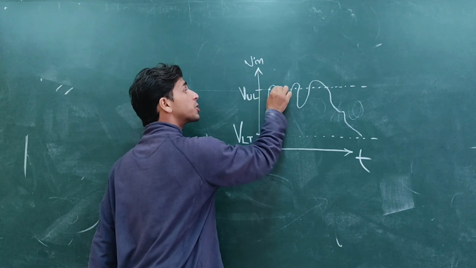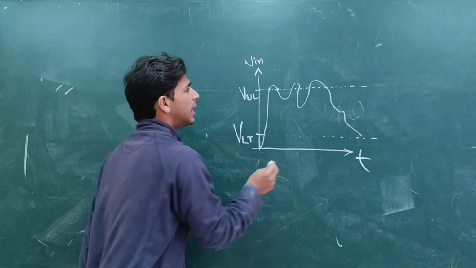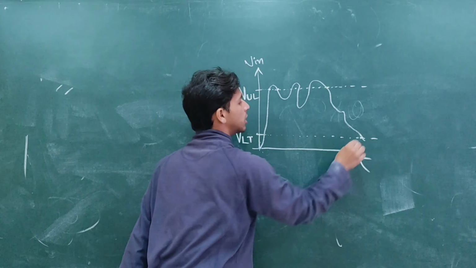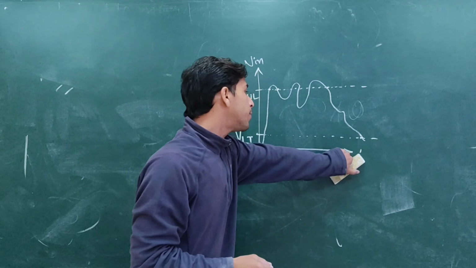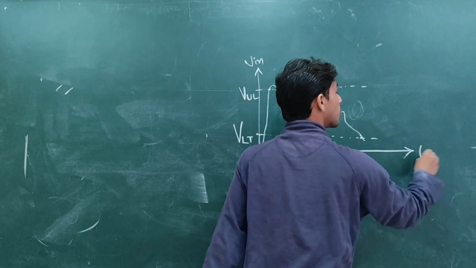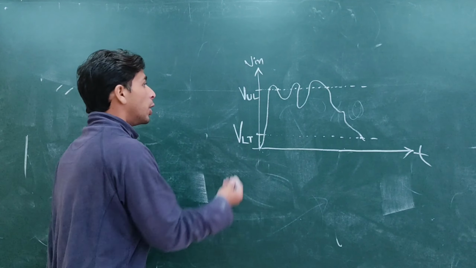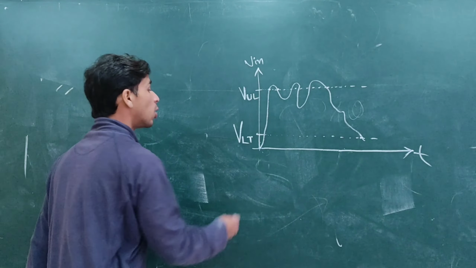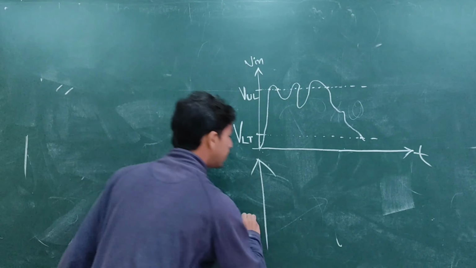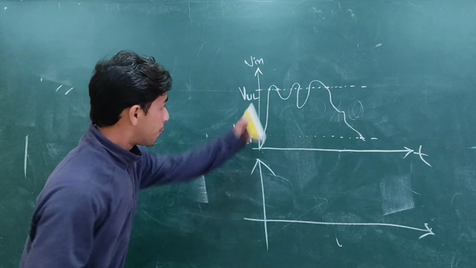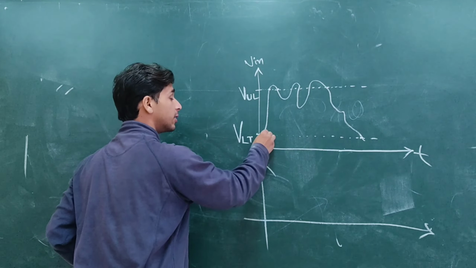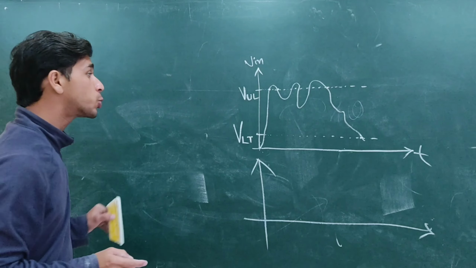Similarly, this point also touches the upper threshold limit, and this point also, and this point touches our lower threshold limit. So what we have to do with these points which are touching the upper or lower threshold voltage, let's see. To draw the output characteristics of this input voltage using the Schmitt trigger, we have to take these dotted points, the points where the input touches the upper or lower threshold.